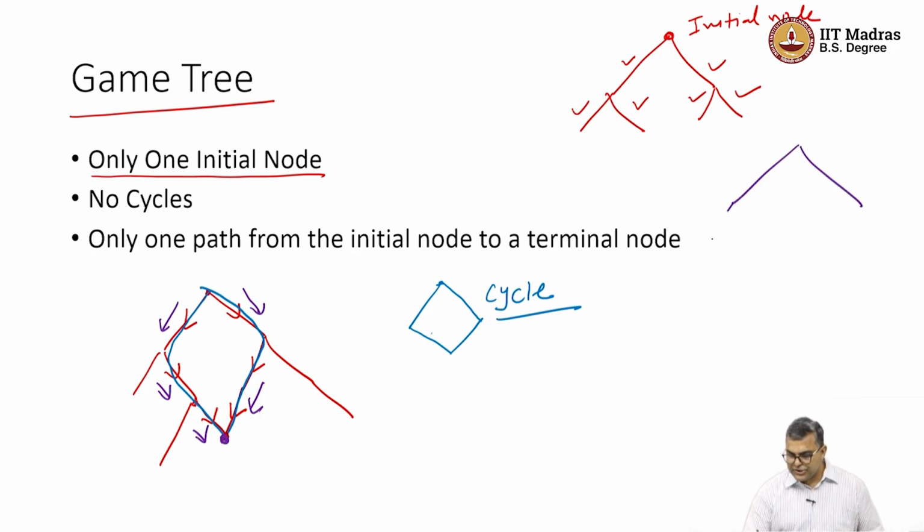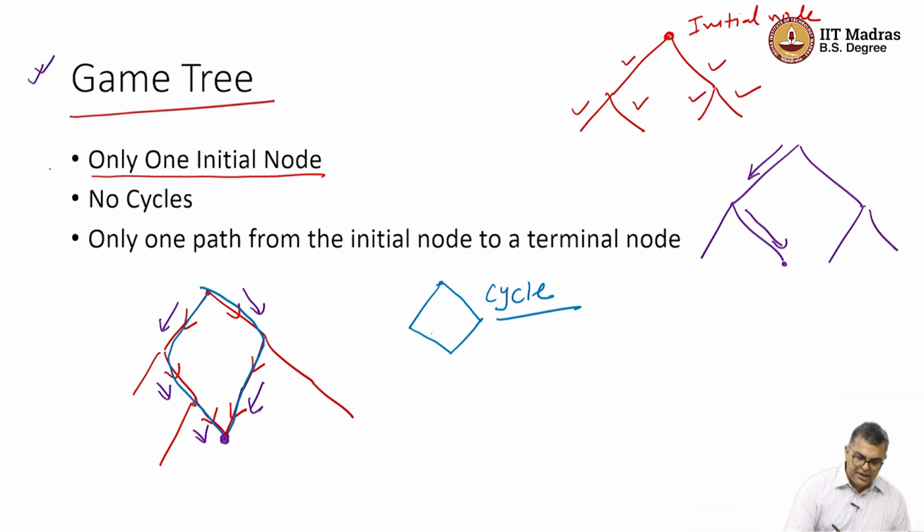So, such trees are allowed because you move here, this is the way you reach the terminal node, there is only one way, there is no other way to reach this terminal node. So, when we are drawing the game tree, we have to keep in mind these three things: only one initial node, there is no cycle, and there is only one path from the initial node to the terminal node.